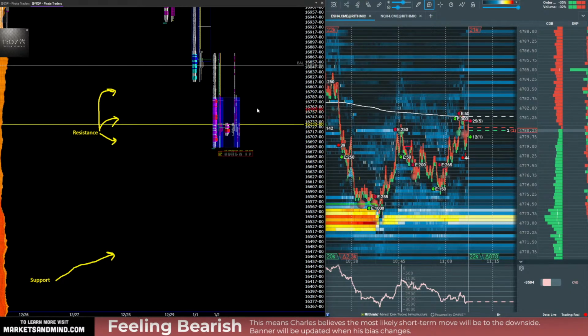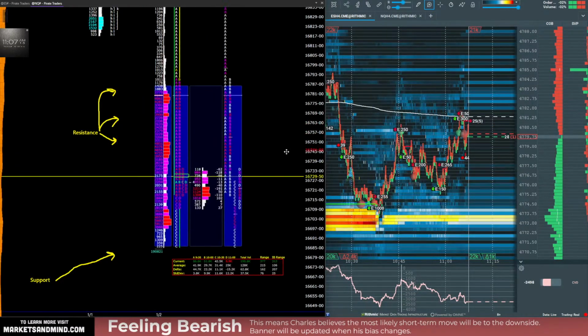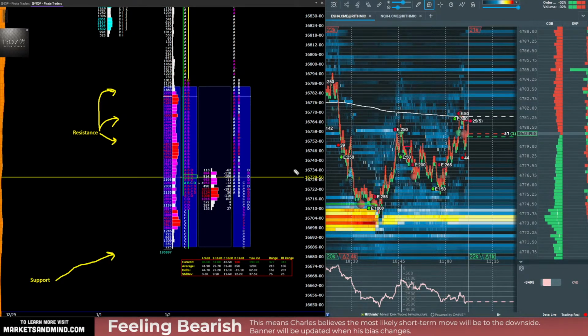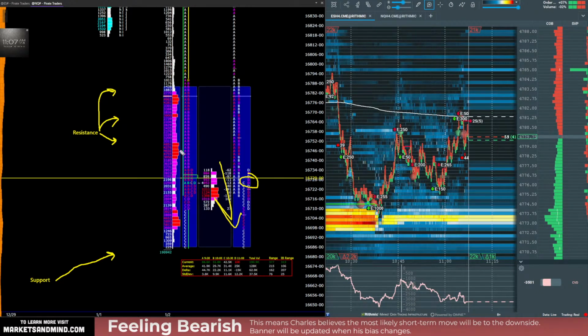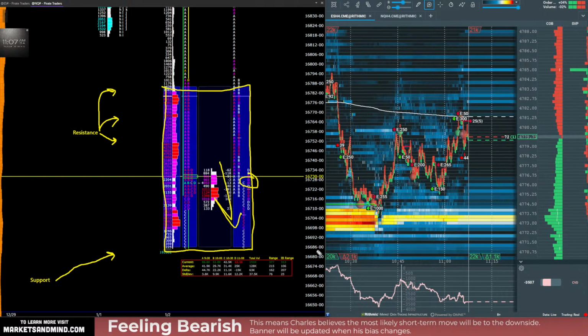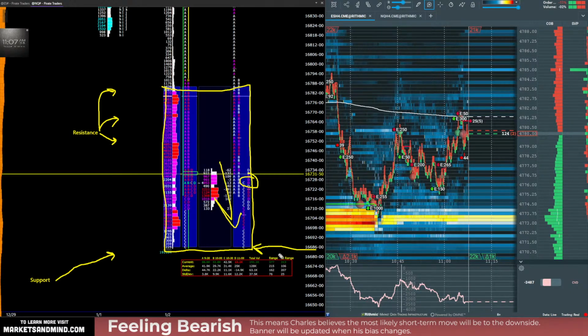So the NQ is giving us a sign that it just made a good low because we came back up and we got cessation of that trend to the downside. However, the value area, the blue box that you see here, is still up against the low of the day. So that is a little bit bearish to see. So if I was going to trade the NQ, I'd be very cautious right now.